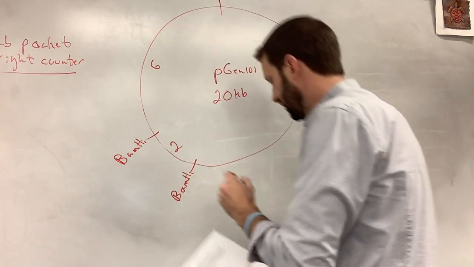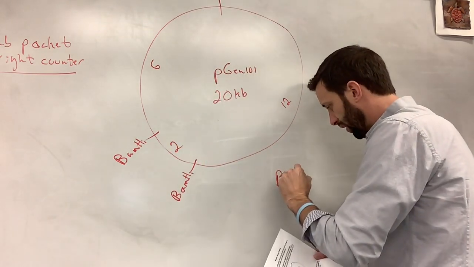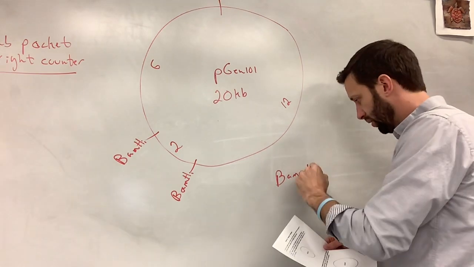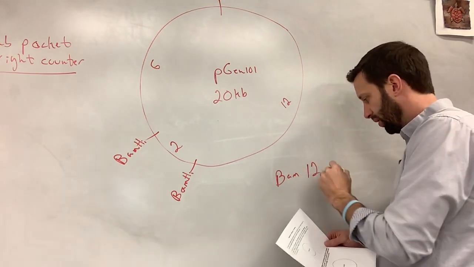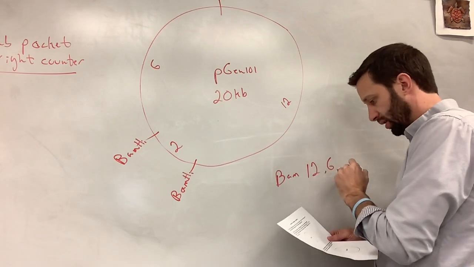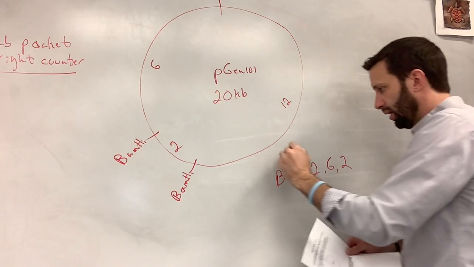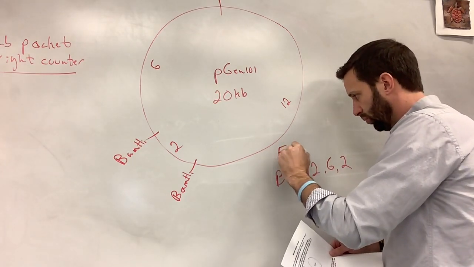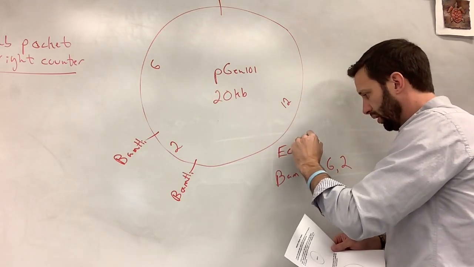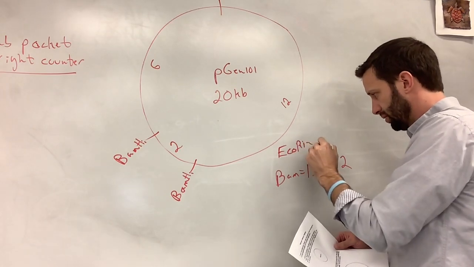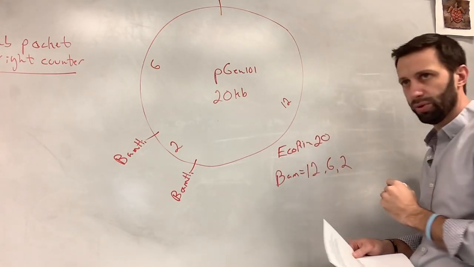Okay, so when you cut it with BamHI, you wound up with a 12, a 6, and a 2 fragment, right? When you cut it with EcoRI, you wound up with a fragment that is 20, so it only cuts at one spot.